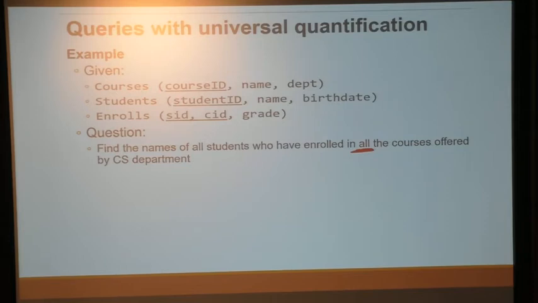What you want to do is figure out all the courses offered by the CS department, and it must satisfy all of them. Every student that you want to output must be inside all of the courses that are offered by the CS department. So that's the universal quantification.